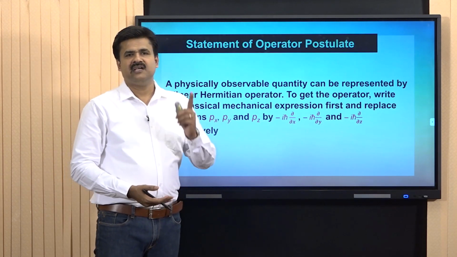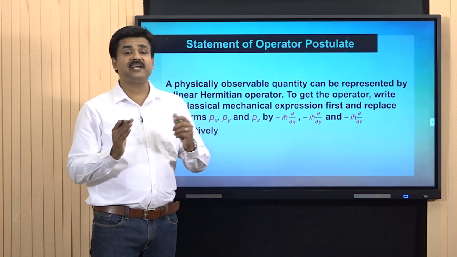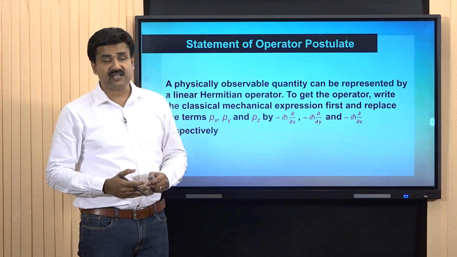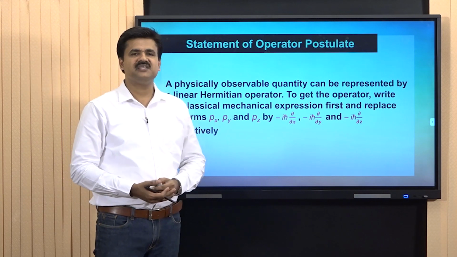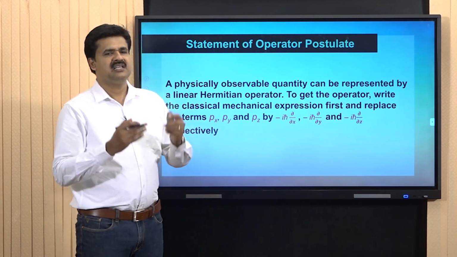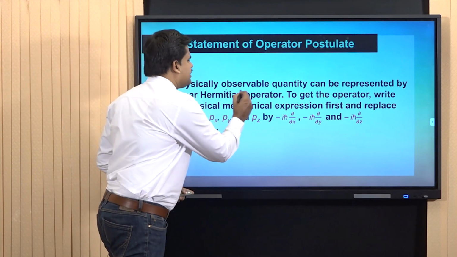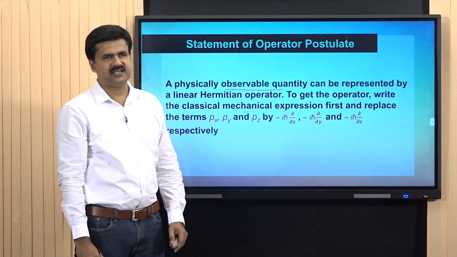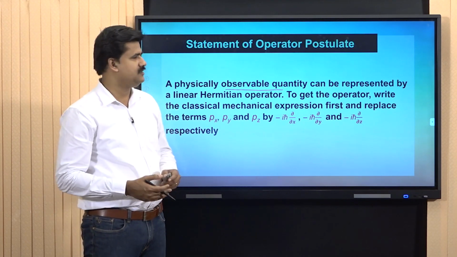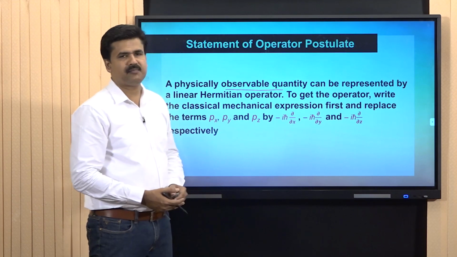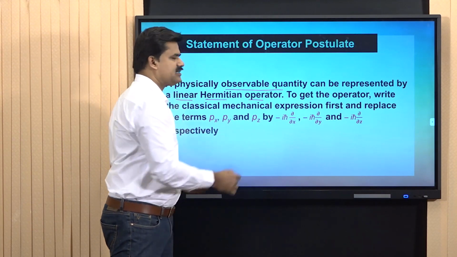Now, the statement of the operator postulate. Operator postulate is the core content of the present module. The statement is like this: a physically observable quantity, meaning a physical quantity, can be represented by a linear Hermitian operator.